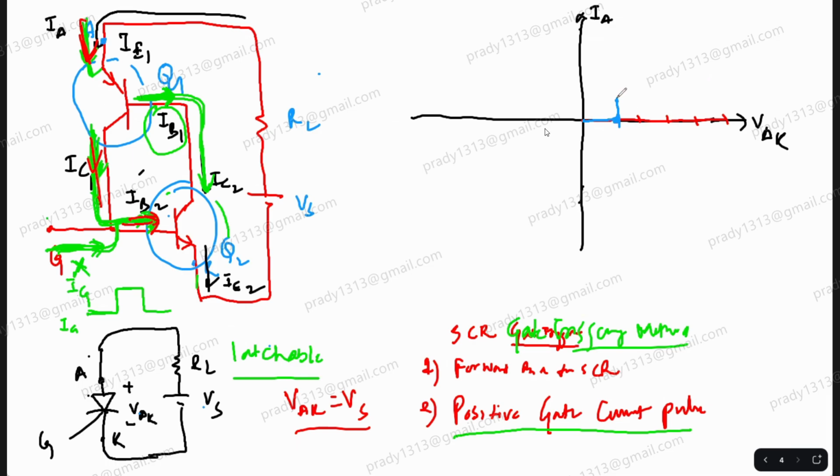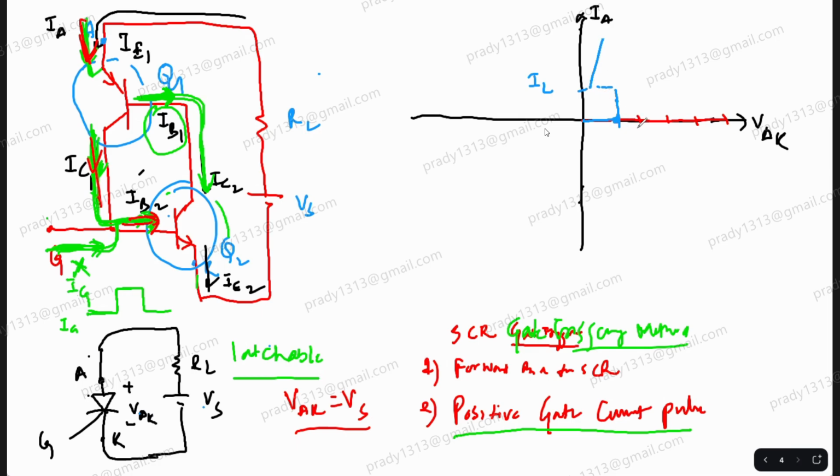This value is called latching current. The moment the anode current crosses the latching current, there will be a voltage drop across the SCR. So it will jump directly from here to this point, and then there will be some basic drop.